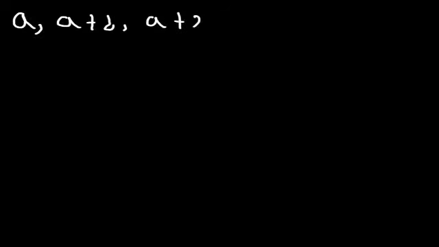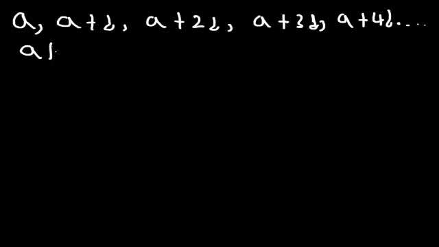Respectively, the common difference will keep on increasing as the number of terms increases, A plus 4D, and this will keep on increasing like that, all the way to A plus (n minus 1)D. Perfect. Now, what if we want to sum these terms together?